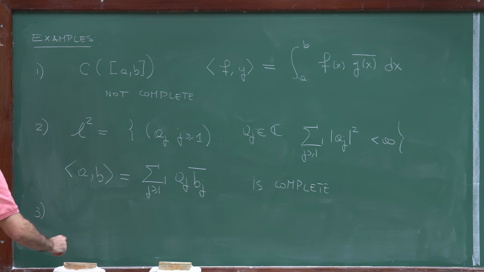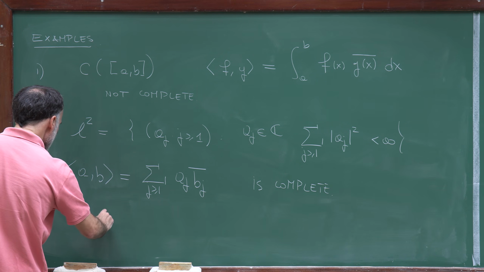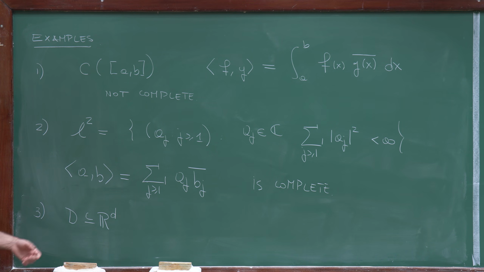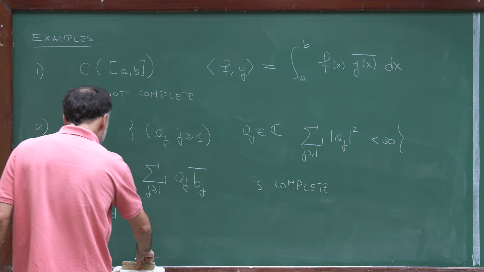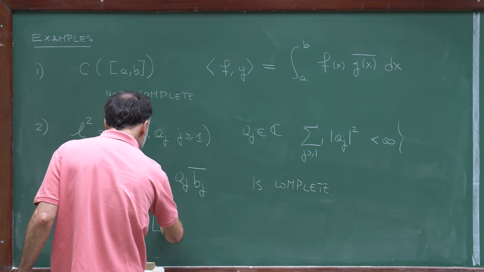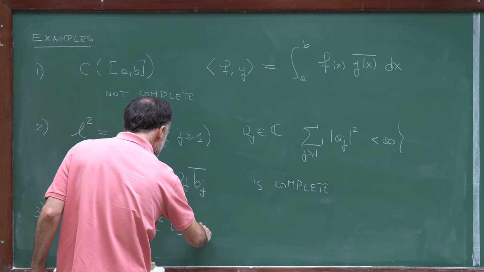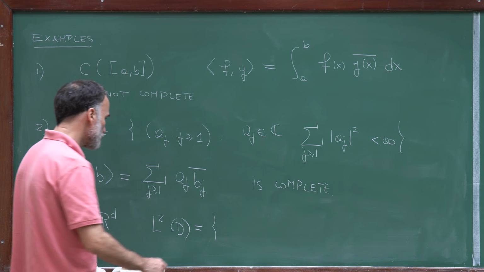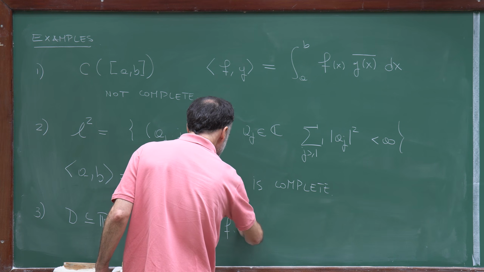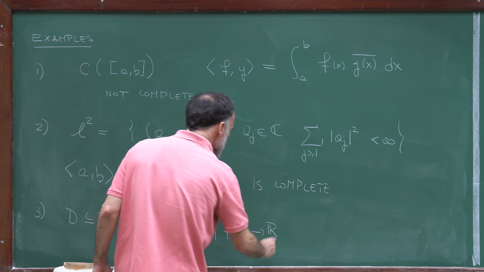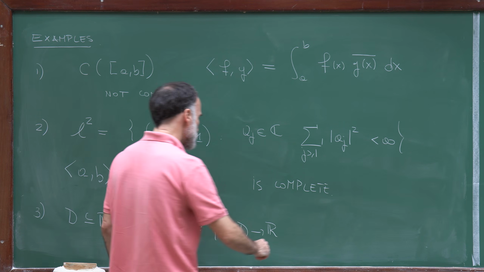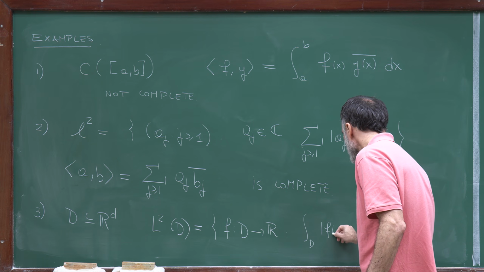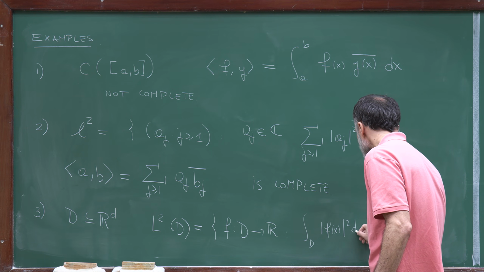And my last example is, well, take D, a domain in R^d. Remember that a domain is an open set which is connected. On this domain, you define L2 of D as the space of functions which are measurable with respect to Lebesgue, so these are the functions from D to R which are Lebesgue measurable and such that the integral over D of the absolute value of f(x) squared dx is finite.